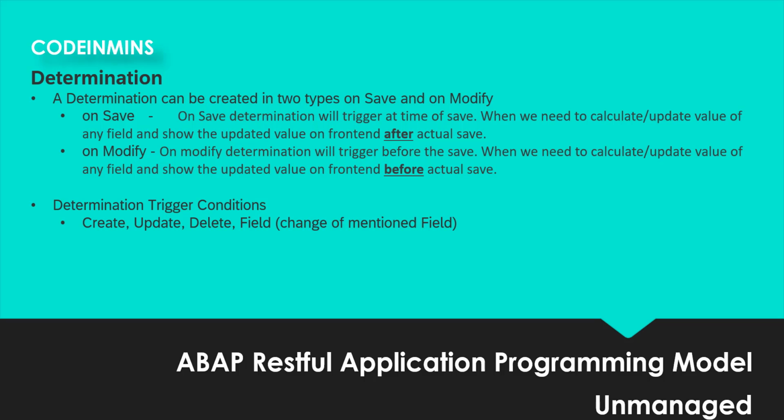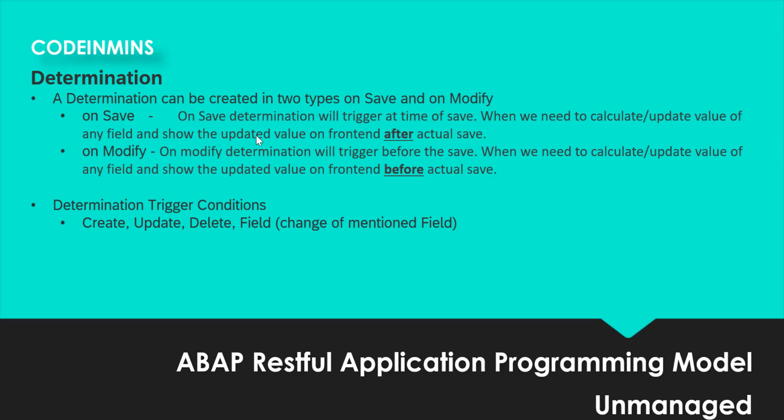Now this determination can be of two types: one is on save and another is on modify. On save determination will trigger at the time of save, when we need to calculate and update the value of any field and show the updated value on the front end after the actual save.